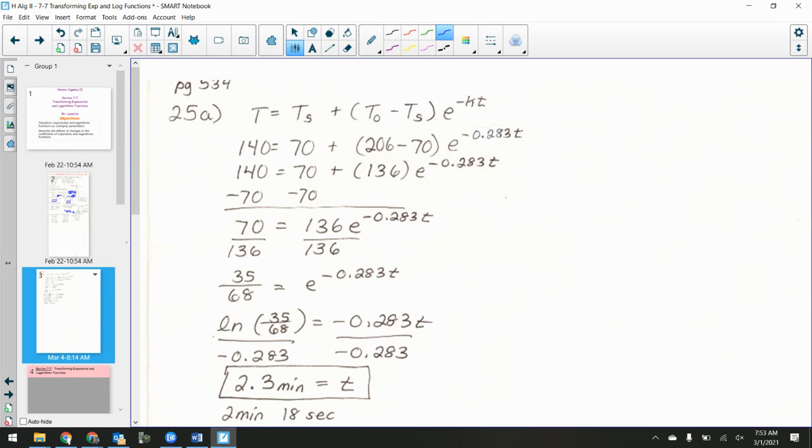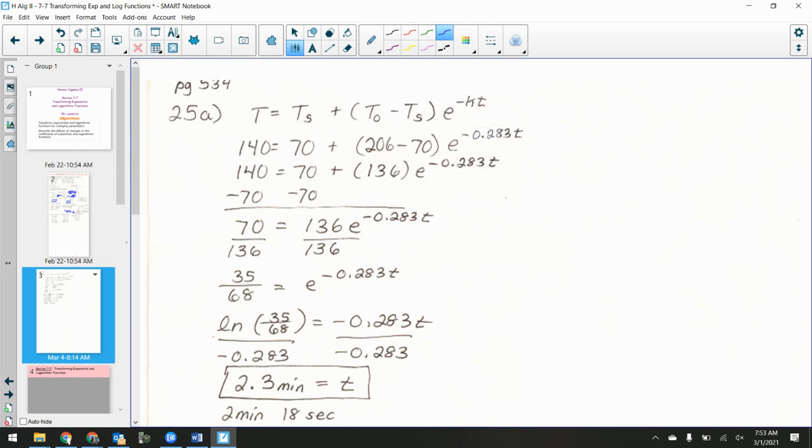Then it says, what if I want the final temperature to get down to 140 degrees? The surrounding temperature sitting in a room is 70 degrees, so that's why T sub S is 70. I sat it on the table and it was 206 degrees. So I subtract the difference between the original temperature and the surrounding temperature, which would be 136 times e to the negative kt. And then I just solve that.